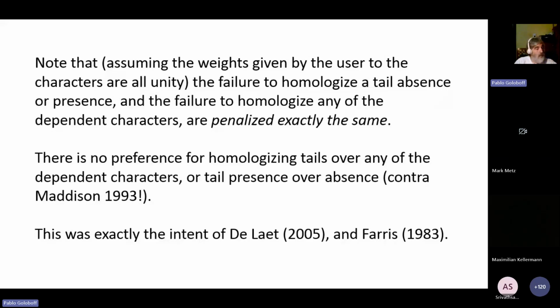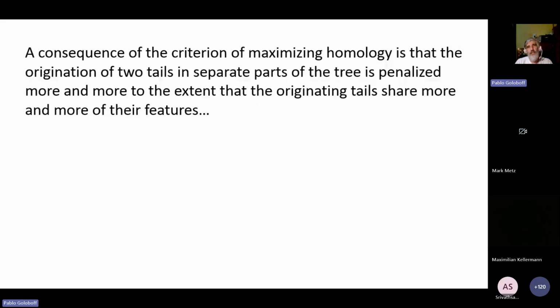Okay, so a consequence of the criterion of maximizing homology is that the origination of two tails in separate parts of the tree is penalized more and more to the extent that the originating tails share more and more of their features, which is what we saw here.